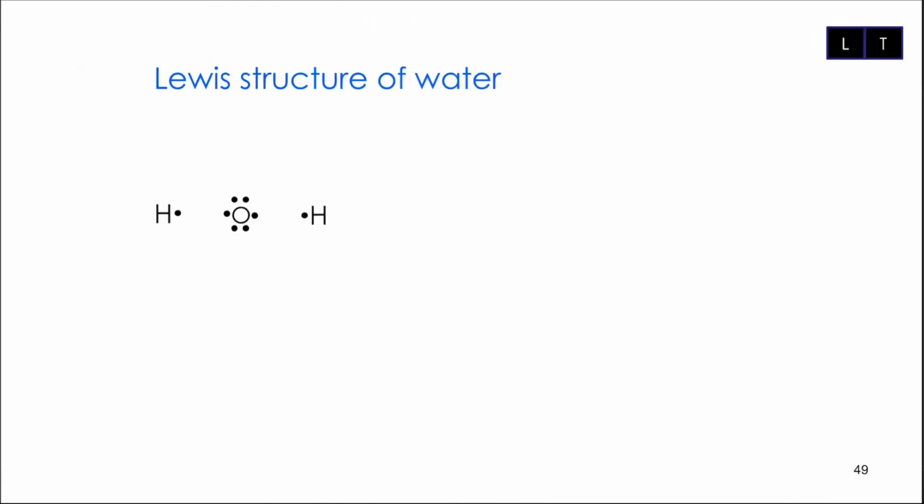Let's go to understand about the Lewis structure for water. So kita ada hydrogen plus oxygen plus another hydrogen atom. So each of them, kita tahu hydrogen ada 1 valence electron and oxygen ada 6 valence electrons. So how the electron sharing between them, kita akan hasilkan H2O di mana 1 hydrogen atom akan share with 1 oxygen and dia akan close them together side by side with 2 hydrogen atoms around oxygen atom.